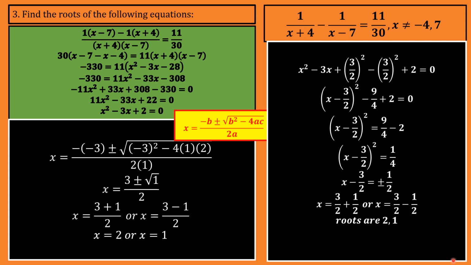So this is the first part of 4.3. We have one more part in which we'll deal with word problems, which will be in the next class. Till then, keep practicing and work hard.